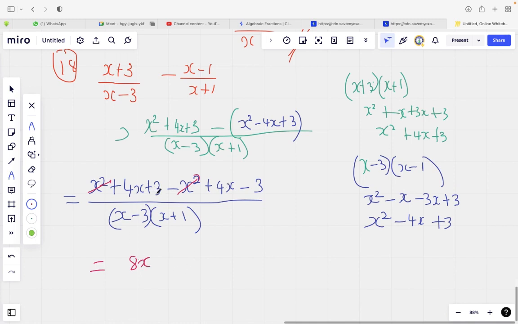Then you see positive 3 minus 3, which is 0. So you're done with that. Over the denominator, which is x minus 3 in one bracket, and x plus 1 in another bracket. So that's all. You're done.